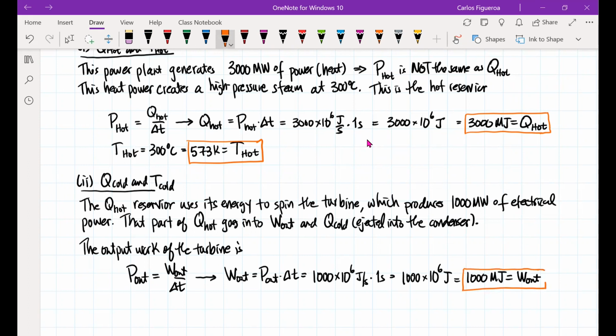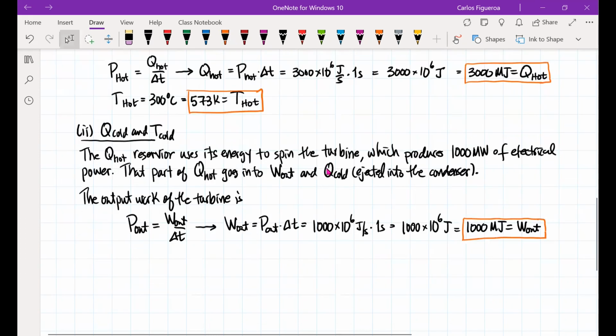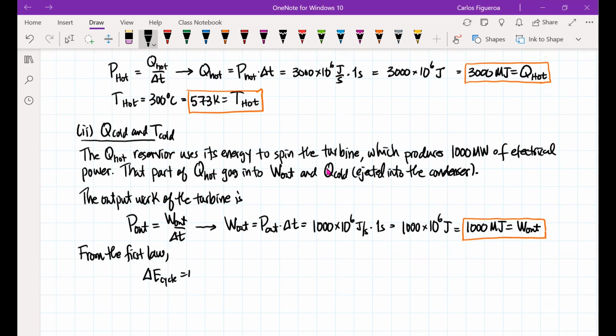Now I can use this to compute Q cold. From the first law, we know that the cycle internal energy change must be 0, but that is Q net plus work net. Q net has to be Q hot minus Q cold.